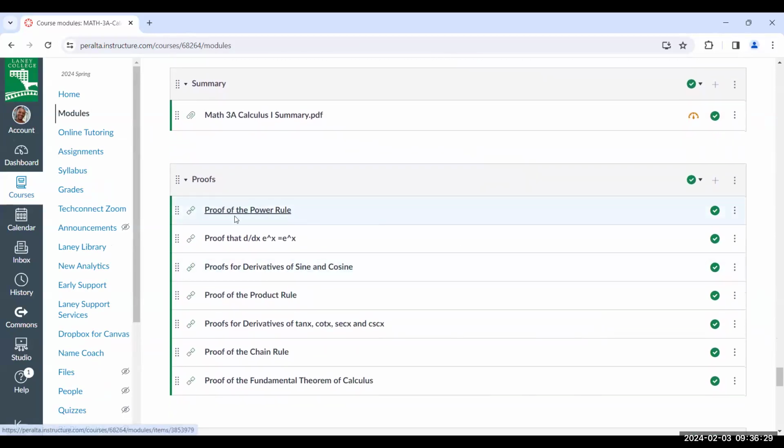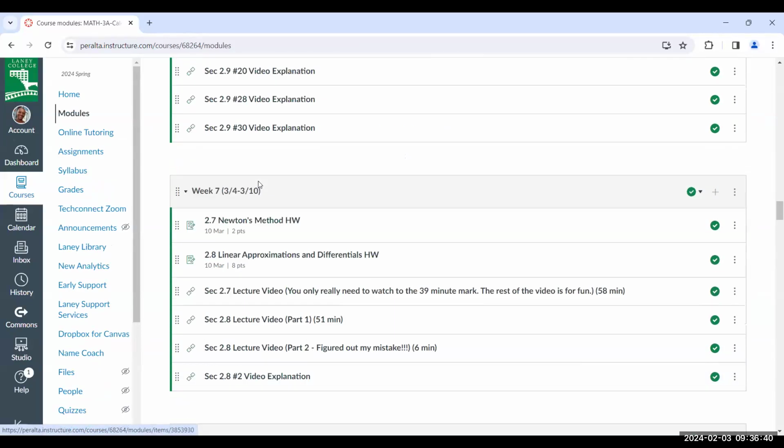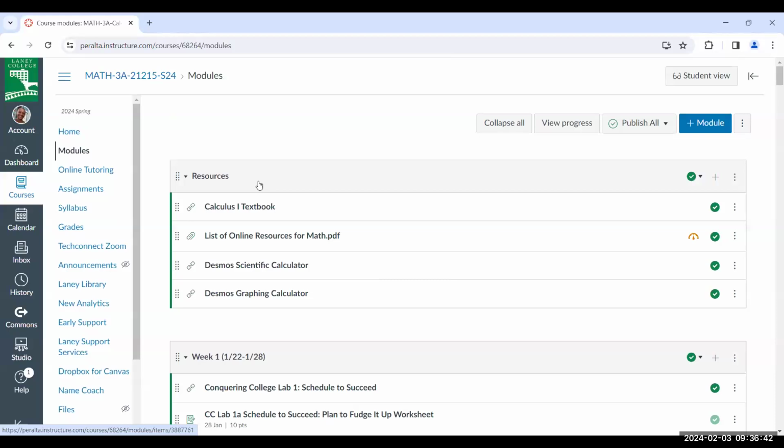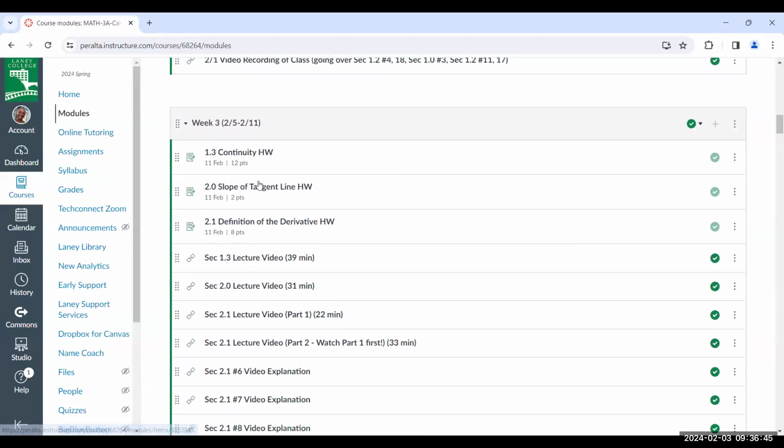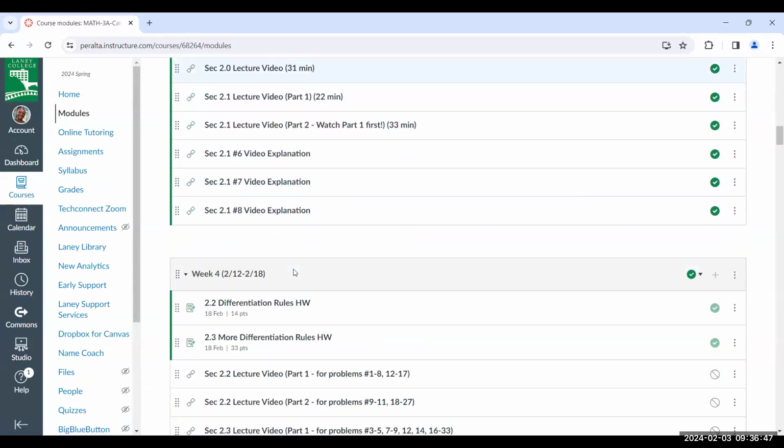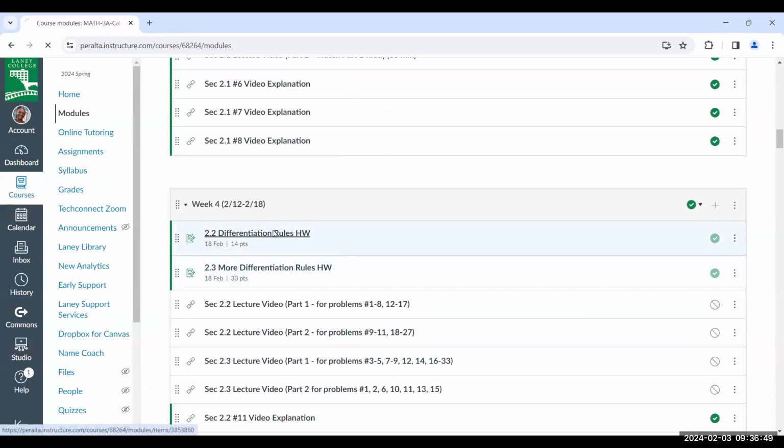Right here, I posted a proof of the power rule, which we're going to learn in a moment. In this proof, I explain a shortcut for expanding stuff like we're about to expand. So just FYI.